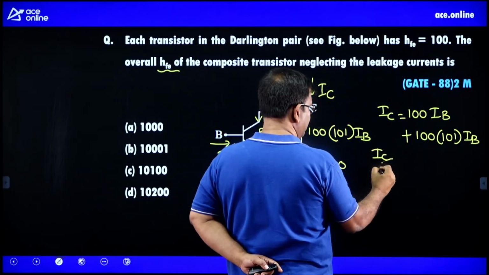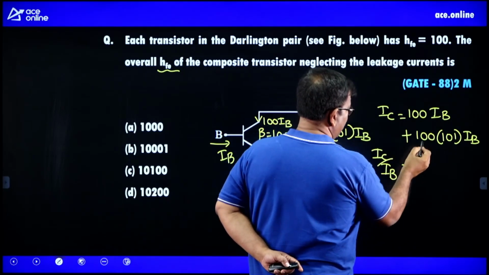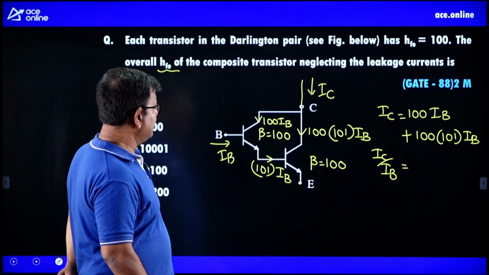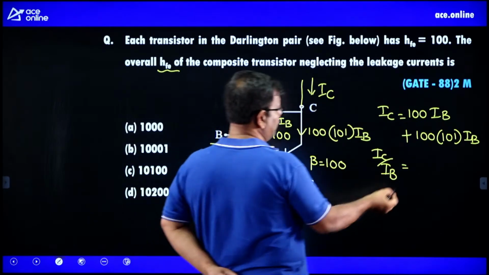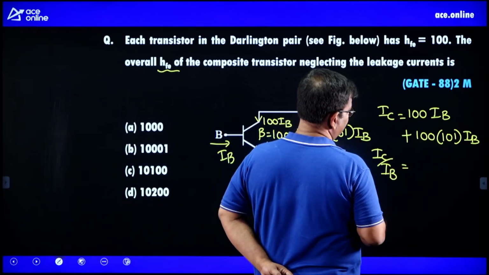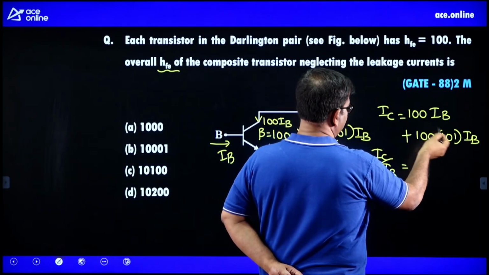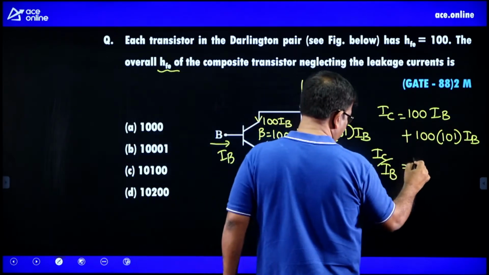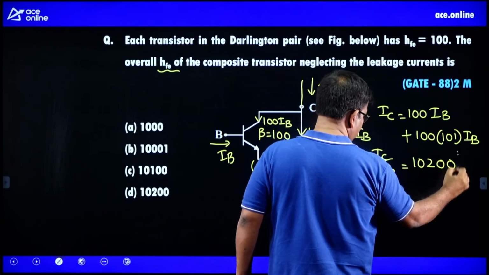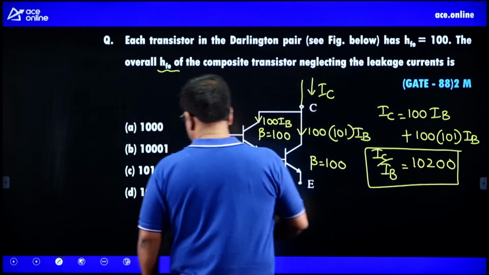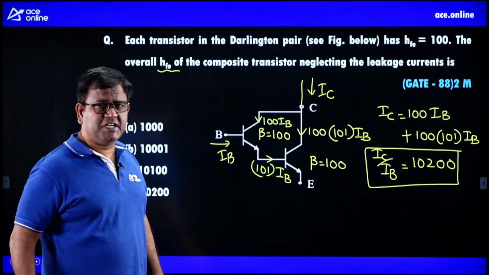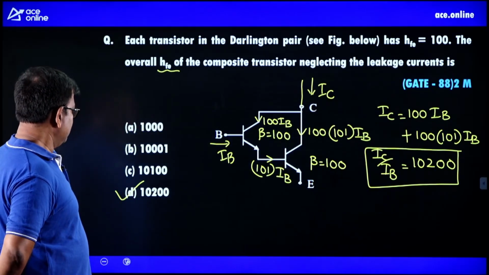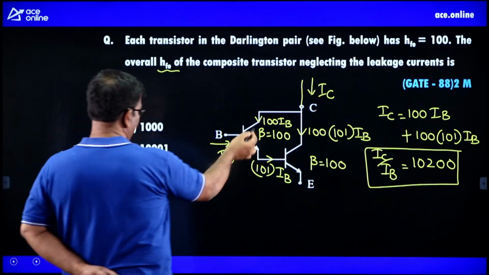So what is IC by IB? IC by IB is 101 into 100 plus 100, so 10100 plus 100, it is going to be 10200. So option D is the right answer for this.